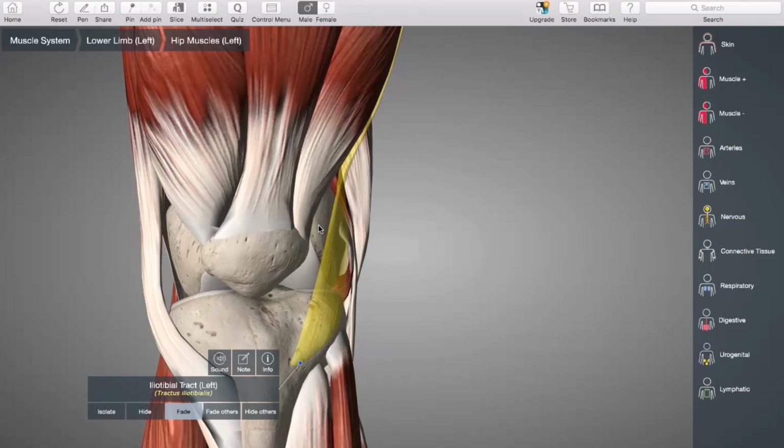Therefore, rehabilitation needs to involve a program of strengthening for these gluteal muscles. Additionally, the treatment needs to involve a program of improving control in the lateral hip and lateral knee to minimize this friction at the knee.